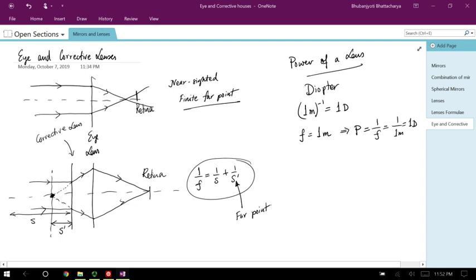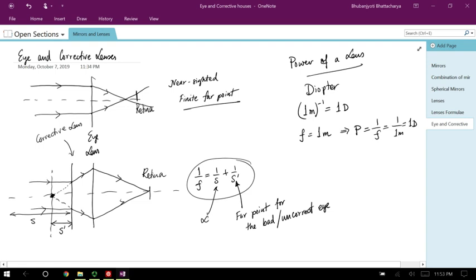So S prime is the far point for the bad or uncorrected eye, and S is the corrected far point or the normative far point, so S is infinite.